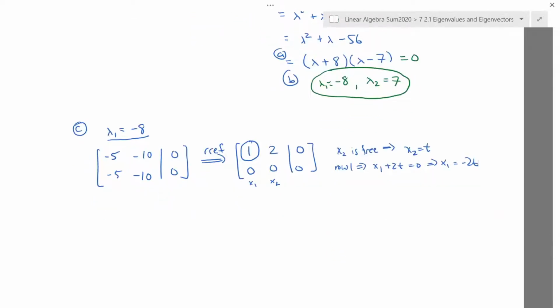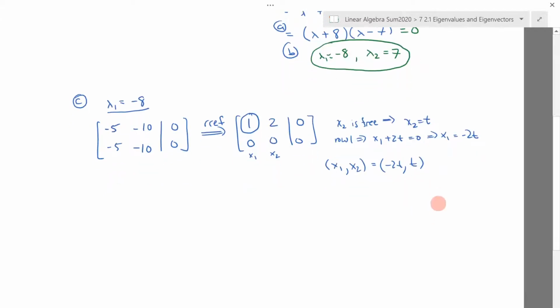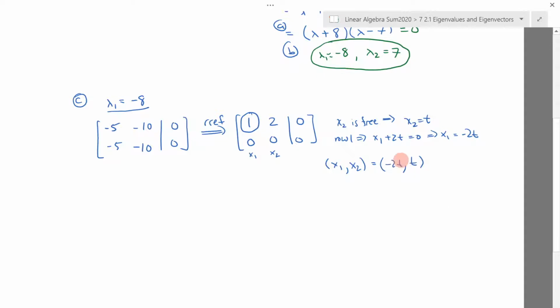Okay, so now I can write out the null space, right? So x1, x2, what is that? It's minus 2t, t, and I can factor out a t, because it appears in both entries.